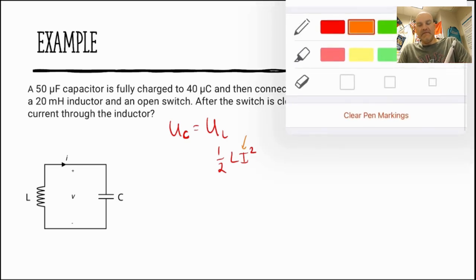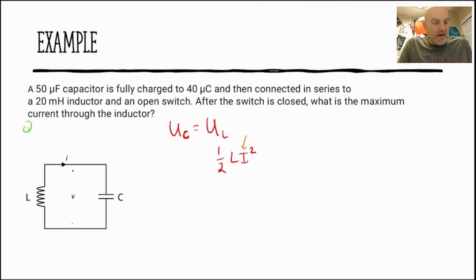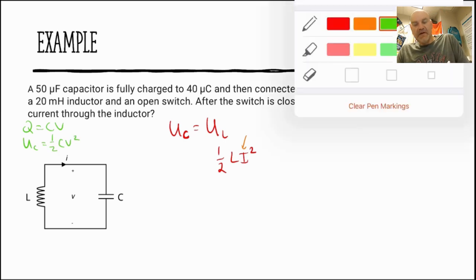Now we need to do a little manipulating for the energy stored in the capacitor. We have Q equals CV. In general, U sub C is 1/2 C V squared.